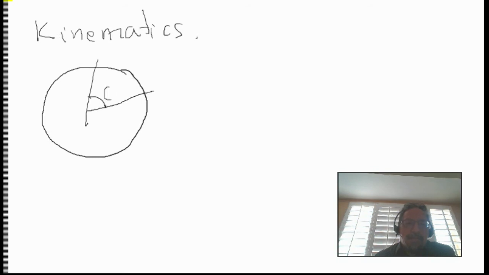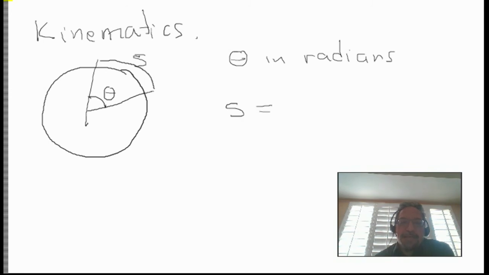If we move in the circle by an angle theta, well, if we move an angle twice as big, then we're going to move a distance twice s. What's the relation between this angle and this distance? Well, they are proportional to each other. And if we choose the right system of units, if we choose the angle in radians, then we have s is equal to theta r, where r is the radius of the circle.